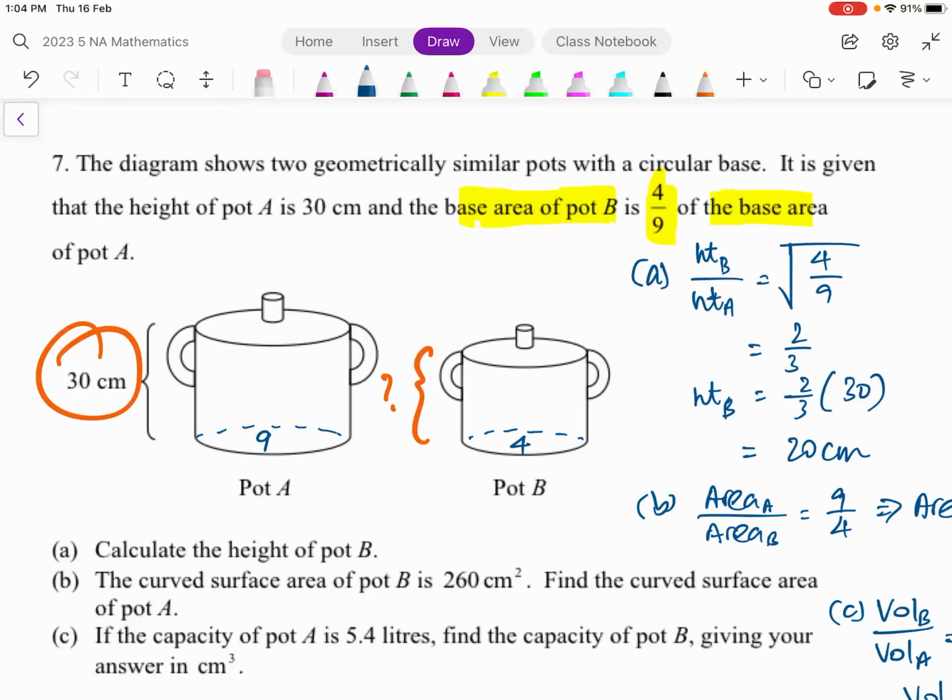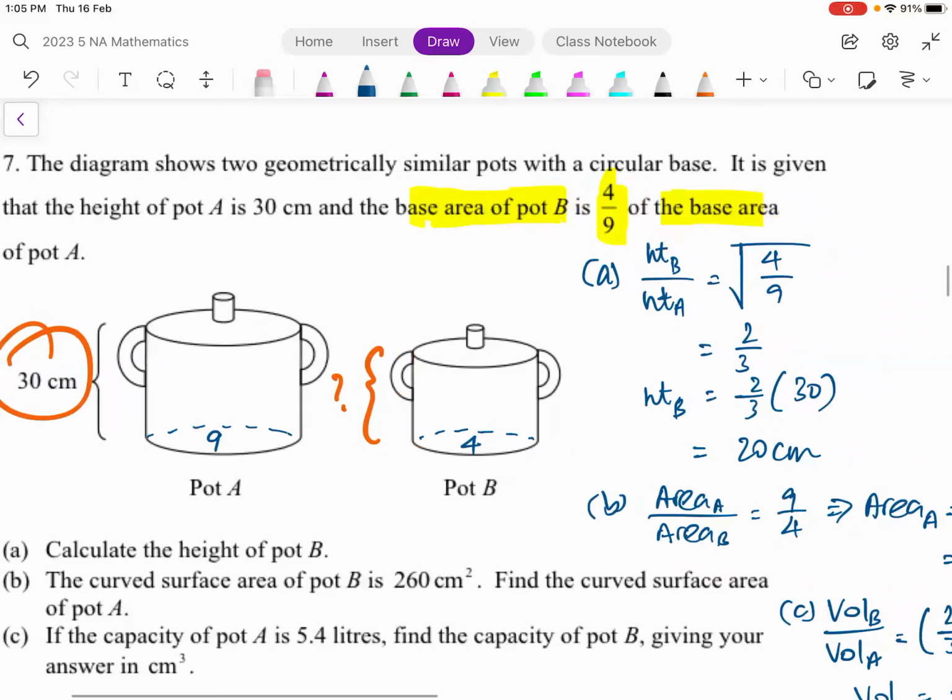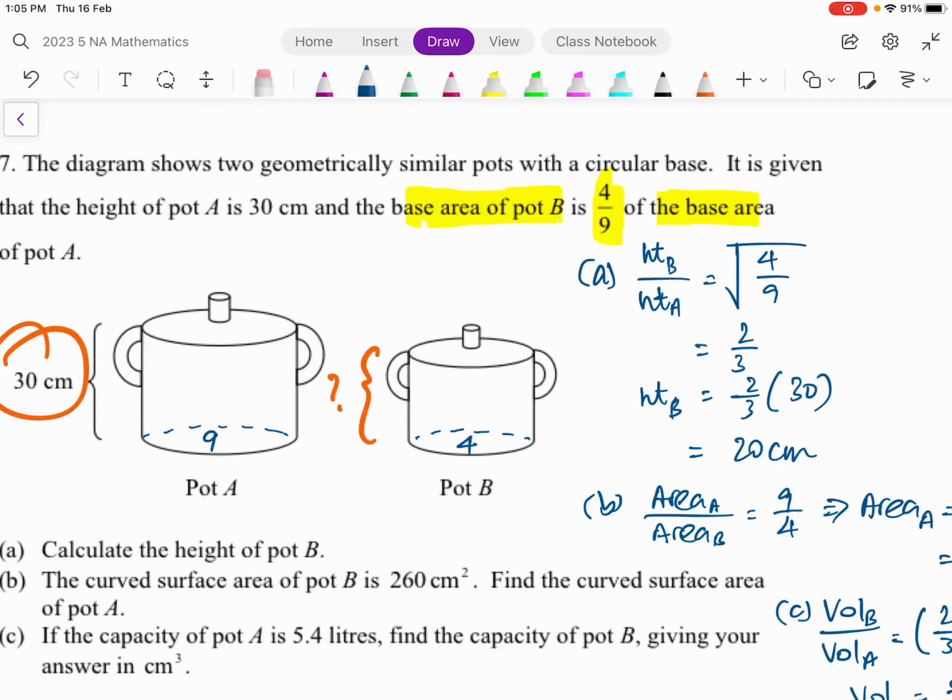Right? So this drawing over here with the 4 and 9, do you understand what it means? So this base area, 4 units out of 9 units. So now I have the ratio of the area already. Then the ratio of the height must be the square root of ratio of the area. Okay, we'll continue afterwards during our remedial lesson.